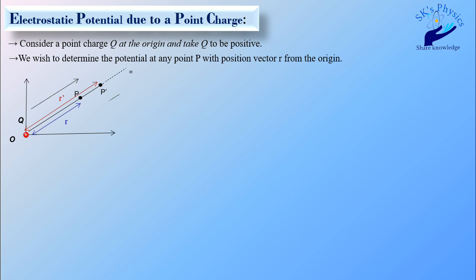Now there is an electric force, and we apply an external force in the opposite direction. For Q greater than 0, that means Q is positive, the work done against the repulsive force on the test charge is positive. So work done is positive for a positive charge.